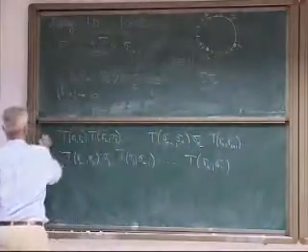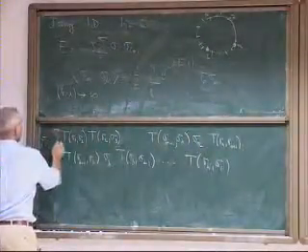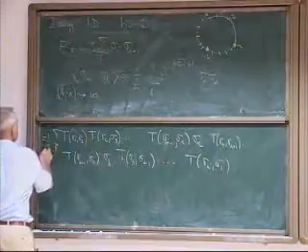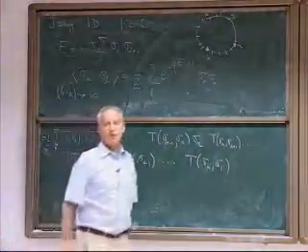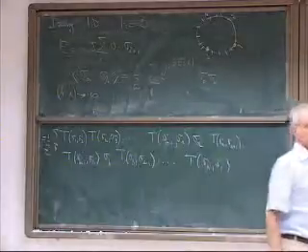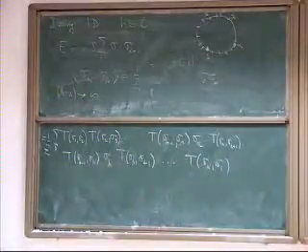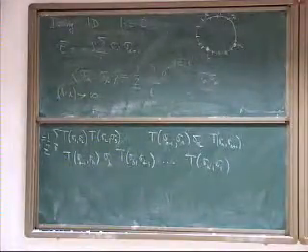And this is equal to the sum over sigmas, 1 over Z. Same story as yesterday. T is the same T as for the Ising model.